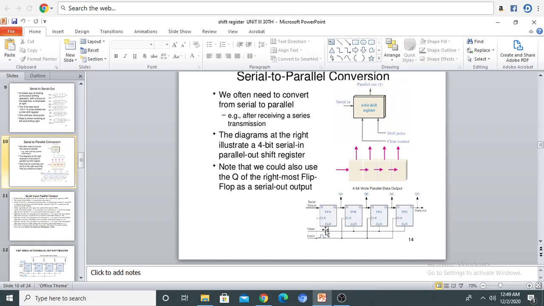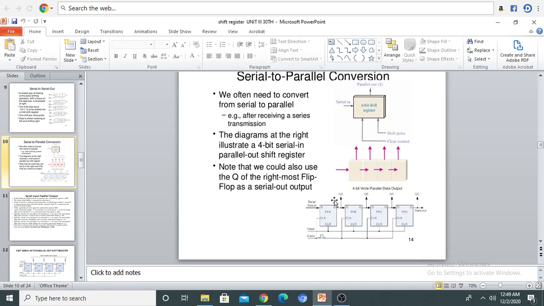Here I am using D flip-flop. If D is equal to 0, then Q is 0. If D is equal to 1, then Q is equal to 1. So first, by using the clear input, I am clearing all the flip-flops. So the content of the register is 0, 0, 0, 0.